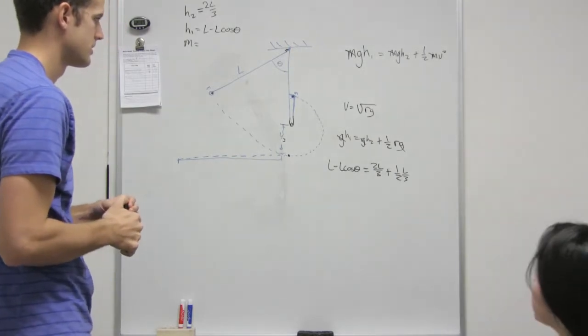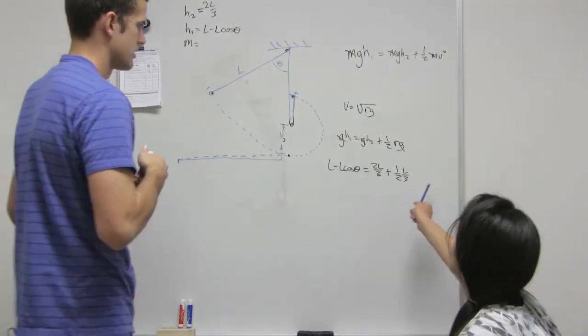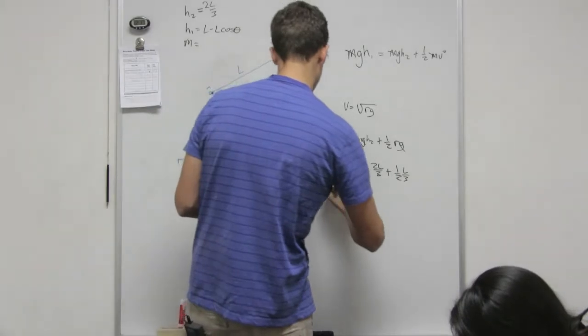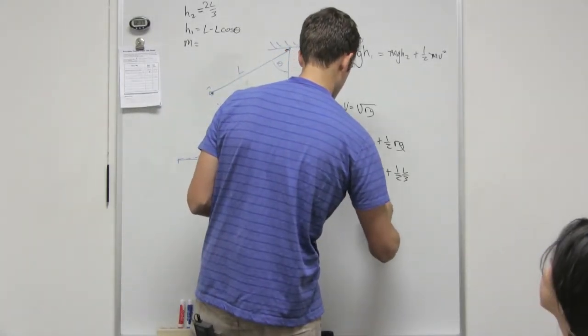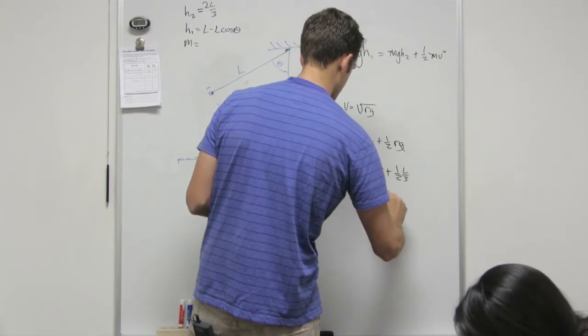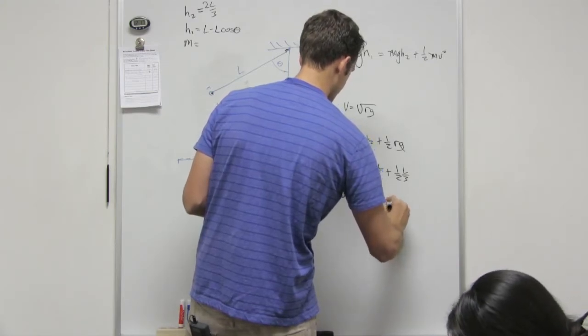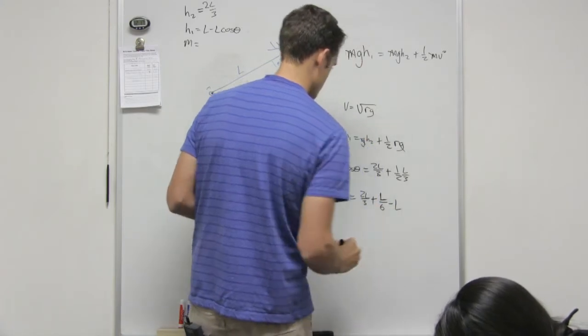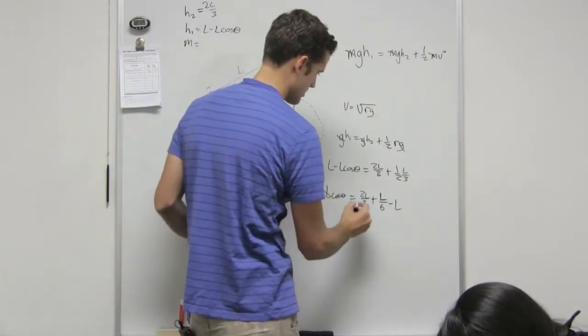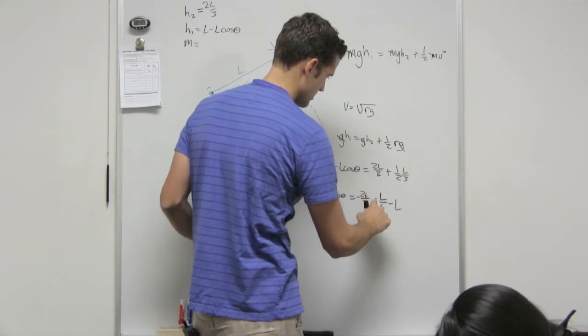So now I would subtract this L over. So negative L cosine of theta equals 2L over 3 plus L over 6. And then I would divide by a negative L, and then take the cosine inverse of that.